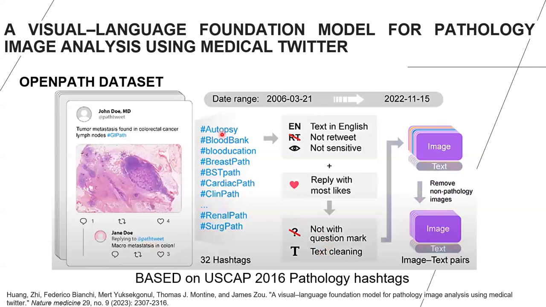After that they obtained images with their text, and then they removed the non-pathology images using a binary classifier that recognizes whether an image is a pathology image or just a normal image.